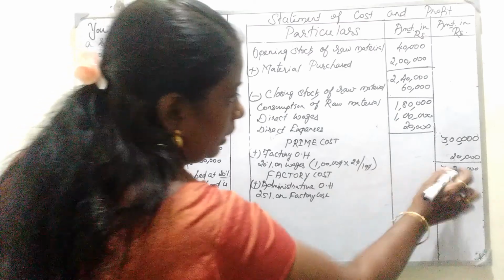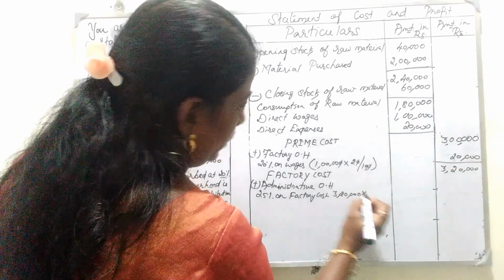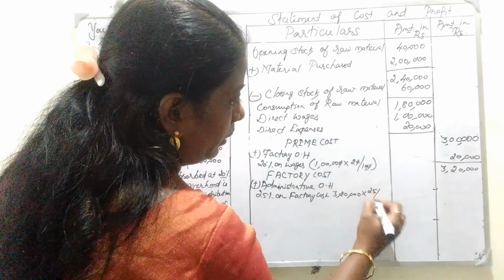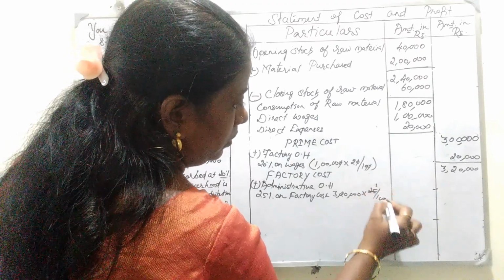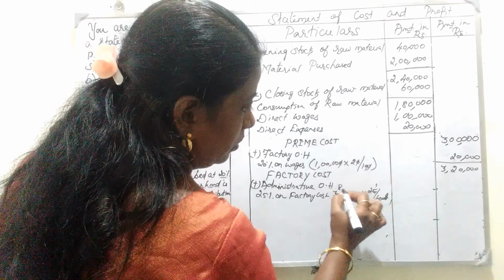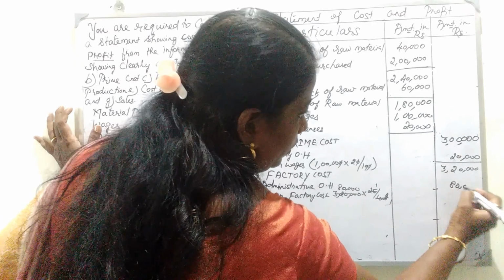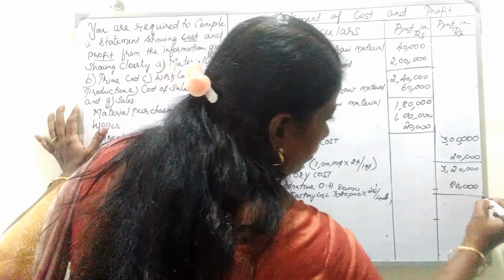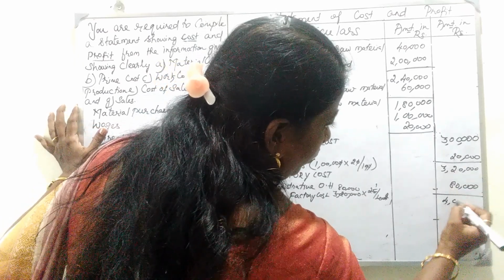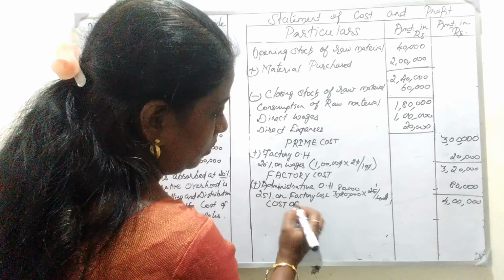The factory cost value is 3,20,000 into 25 by 100. That is 80,000. If we add this, that is 4 lakhs. 4 lakhs is cost of production.